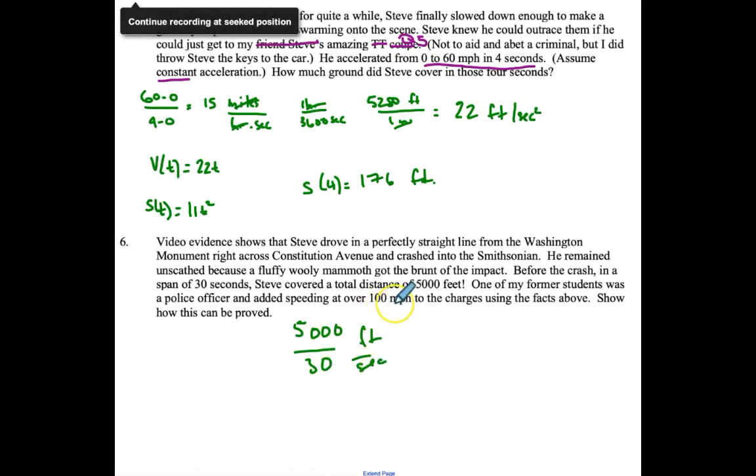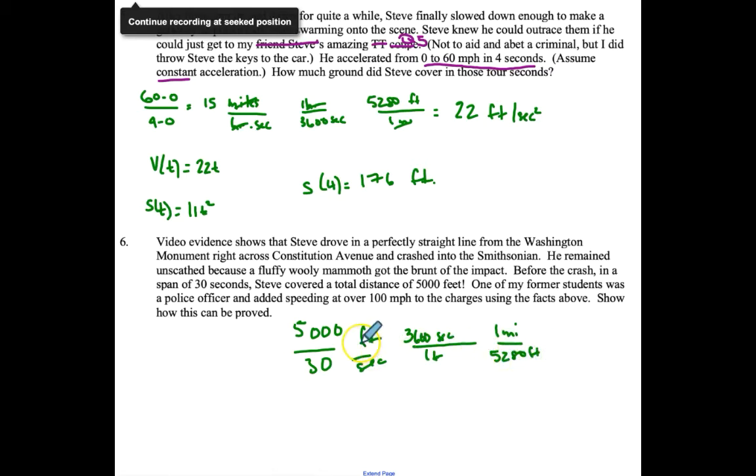Well, how can we determine that that is 100 miles an hour? We can do another dimensional analysis. So what we're going to do is put in 3,600 seconds again, divided by 1 hour. And then for feet, I'll have 1 mile up here and 5,280 feet.